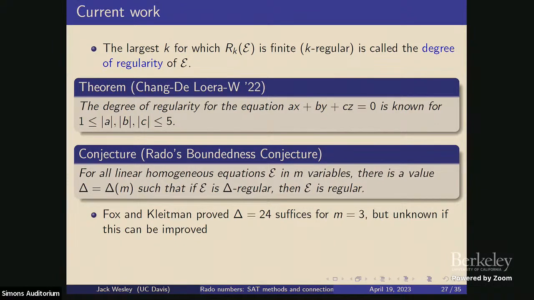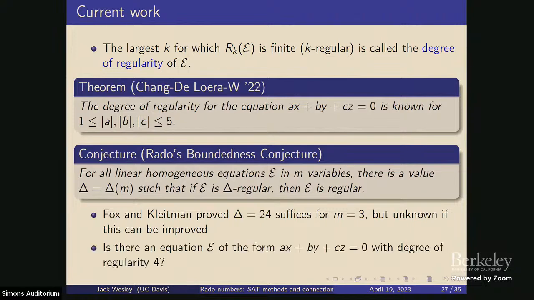This is very difficult as far as anyone knows, and we only know the 3-color case, where it is shown that delta equals 24 is good enough. But based on our computations, it seems plausible that you can knock that delta down to 4. We don't know if there is any equation of this form with degree of regularity 4 or higher.